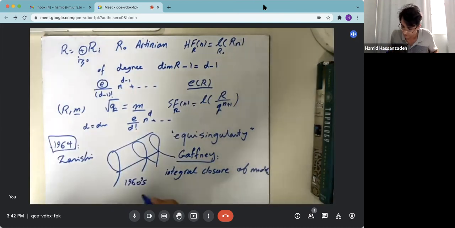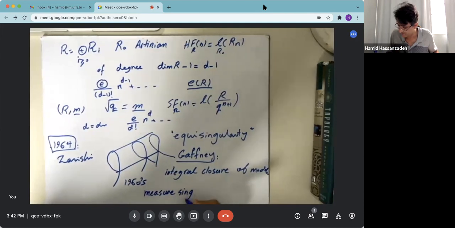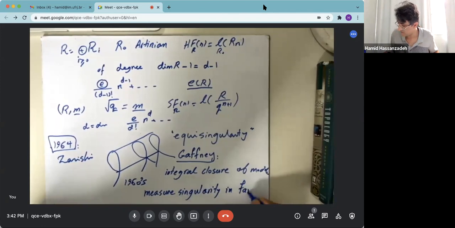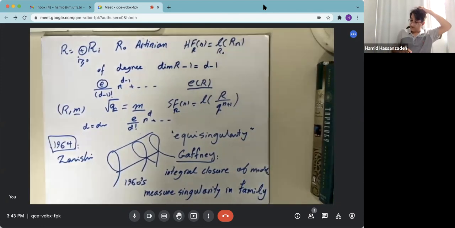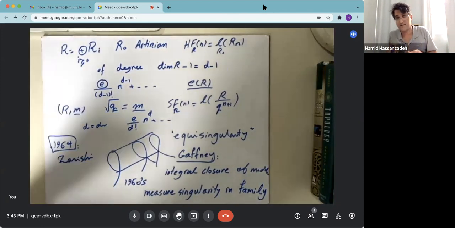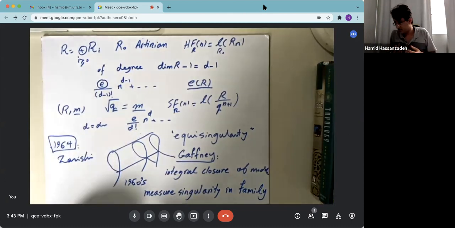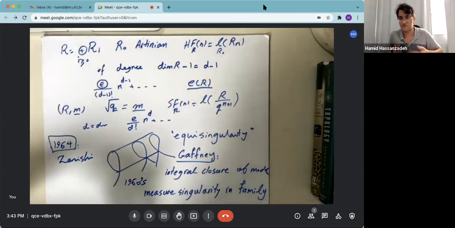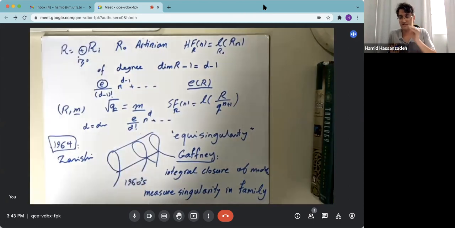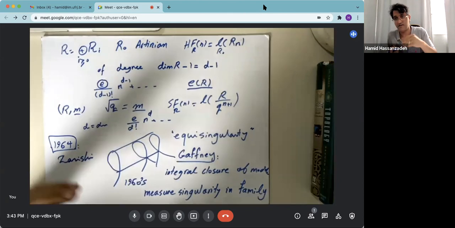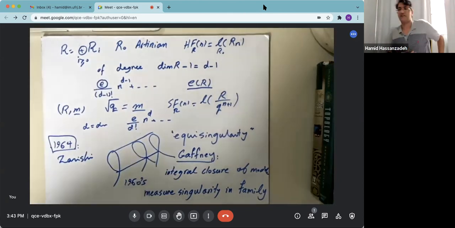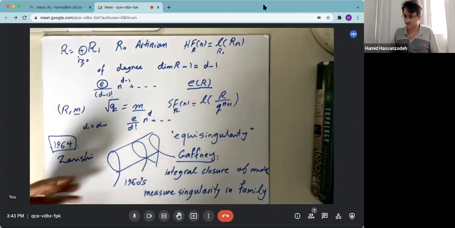Okay, so how to measure singularities in a family? He did a very nice investigation in many algebraic territories, traveling and talking to people. Kleiman has a nice review of what happened in Gaffney's discovery of this theory.